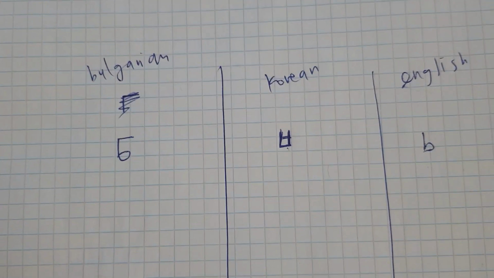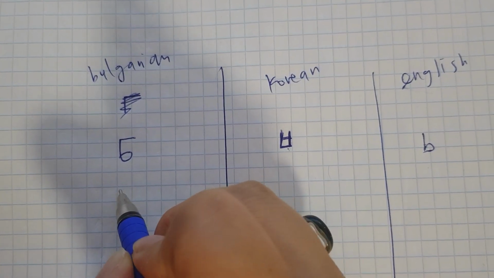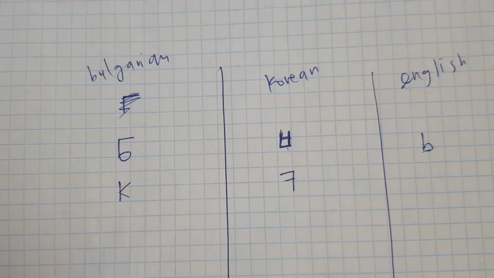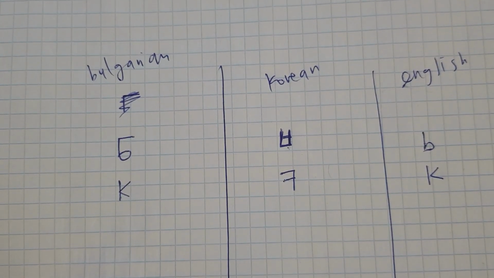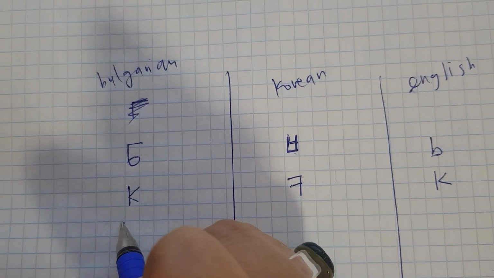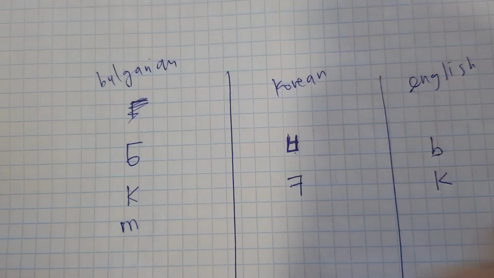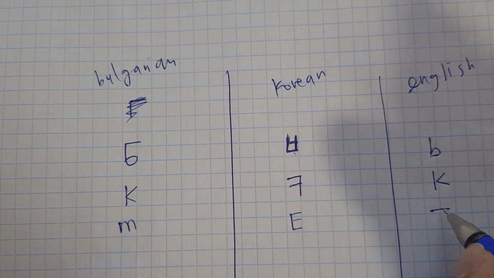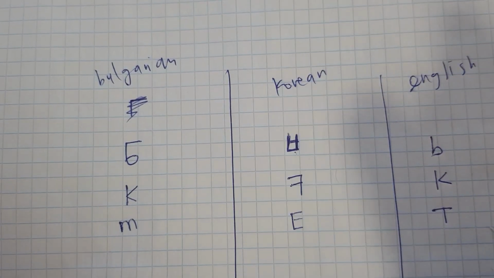So now let's do that is K. That's K. And it's actually the same in Cyrillic and English, K. This is also the same as well, but, okay, so that is T. Okay, but it's also lighter.